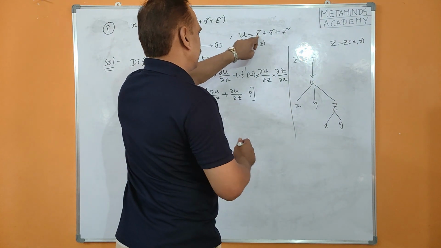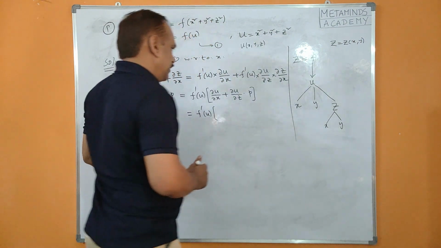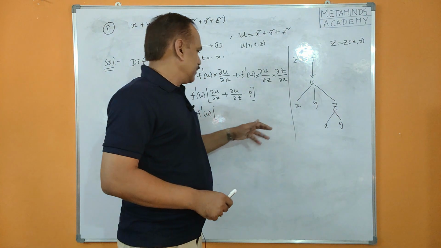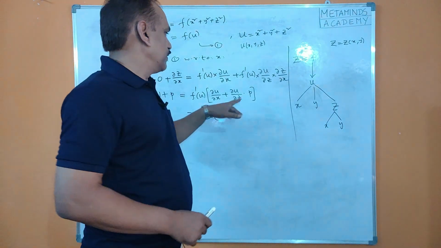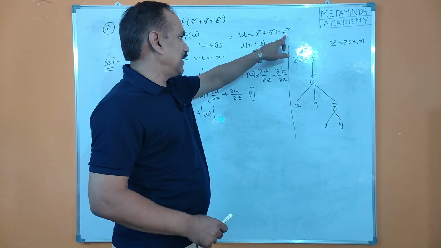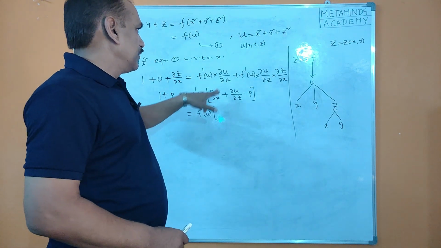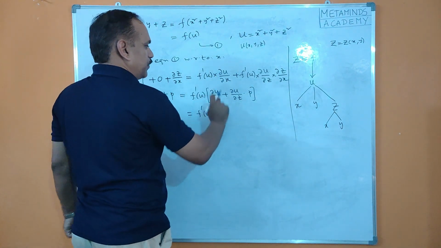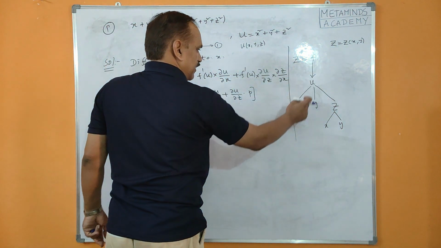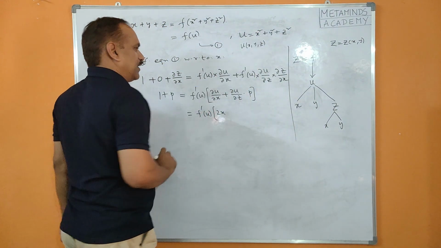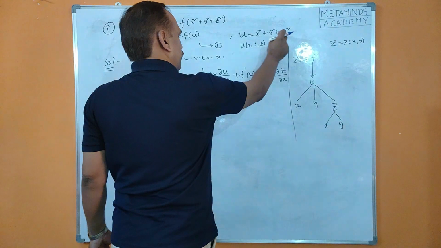Now the most important thing here is you should not take z as a function of x and y while you are differentiating u with respect to x. This is purely differentiating u with respect to x only. So it is 2x plus 0 plus 0.